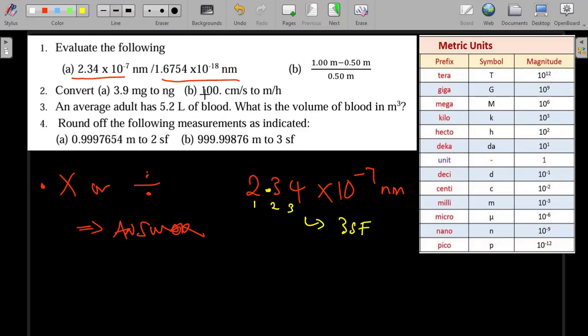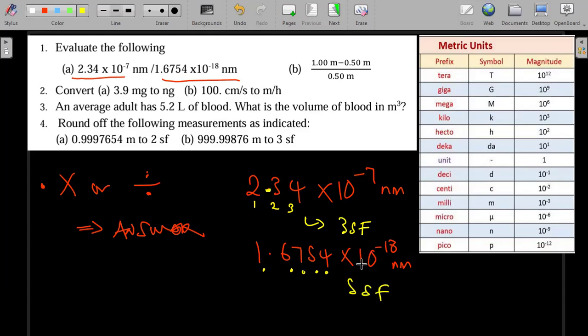And then what about this number, which is dividing here? That number is 1.6754 multiplied by 10 to the power minus 18 nanometers. How many significant figures does this one have? It has 1, 2, 3, 4, 5, so five significant figures.